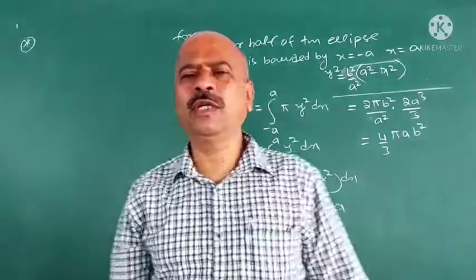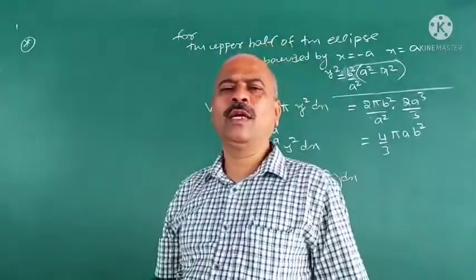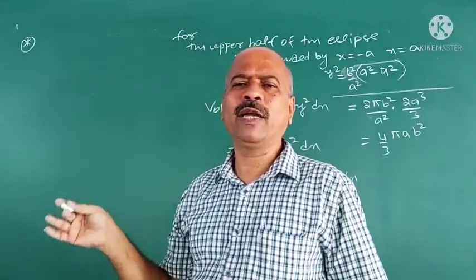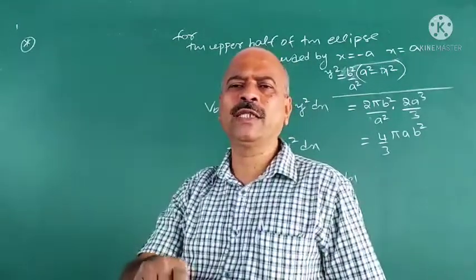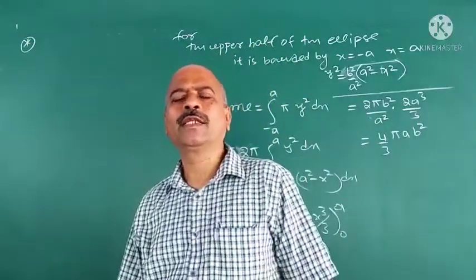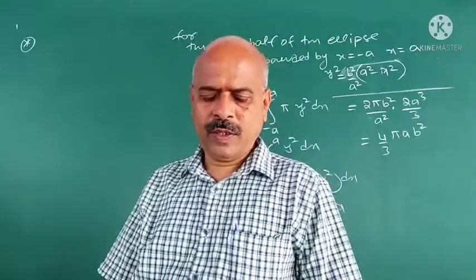I hope all of you understood how to apply the formula. Remember the formula: integral a to b of pi y square dx, or a to b of pi x square dy if the revolution is about the y axis. Take this.